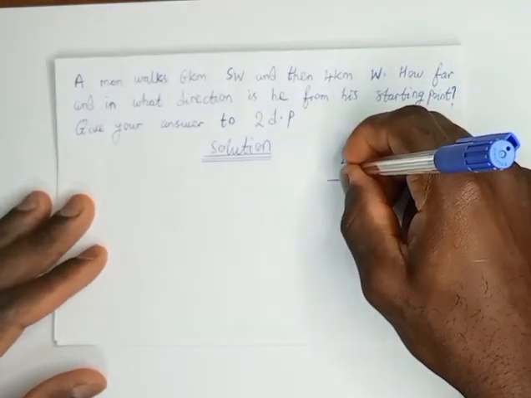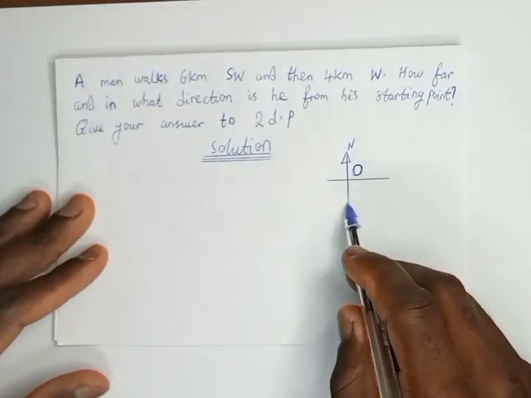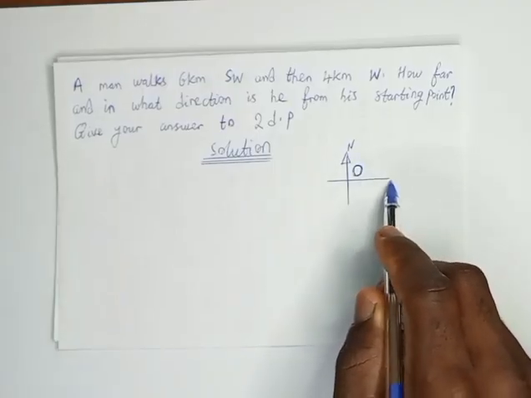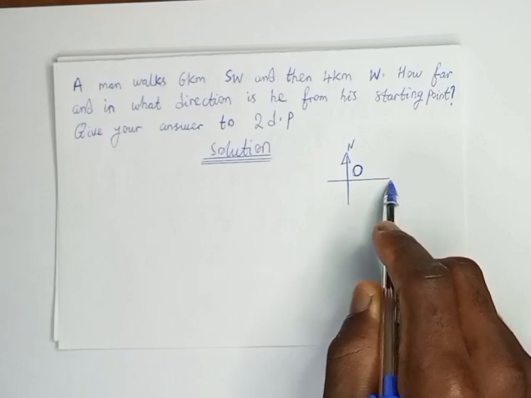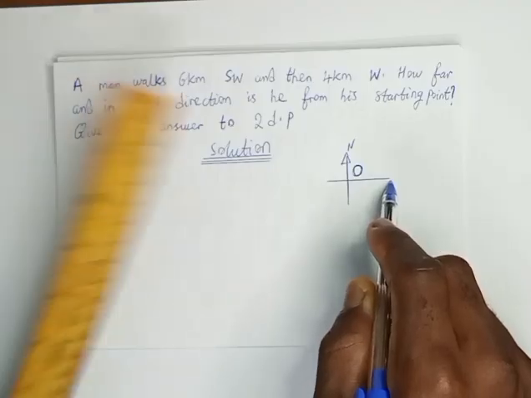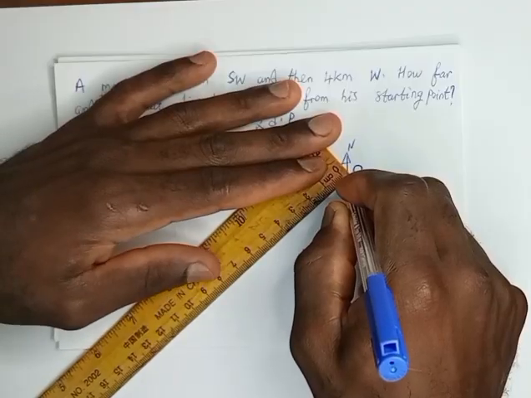We call this point O, where the man starts. This is the south, this is the west, and this is the east. He moves 6 kilometers southwest. Let's represent the 6 kilometers southwest.